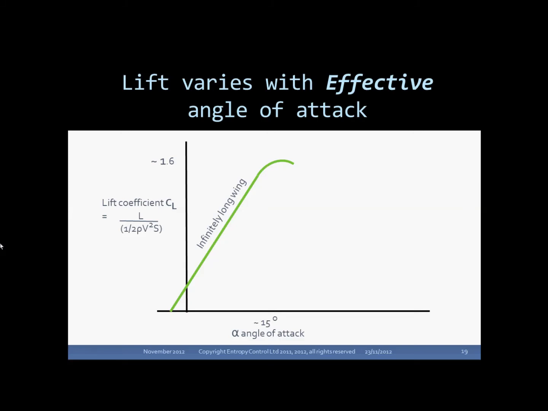But because a real wing is shorter, it operates in its own downdraft with its reduced angle of attack, so its lift curve looks less steep. The finite wing reaches about the same maximum lift coefficient, but it does so at a higher nominal angle of attack.